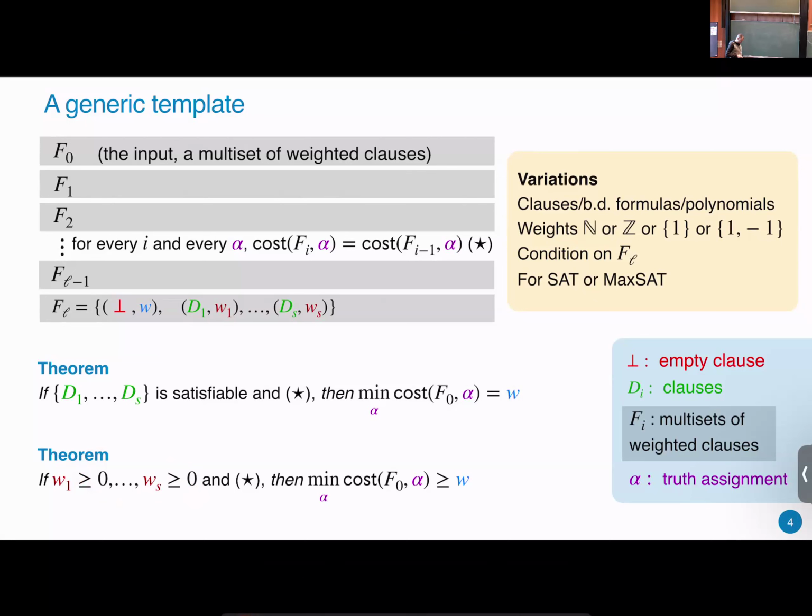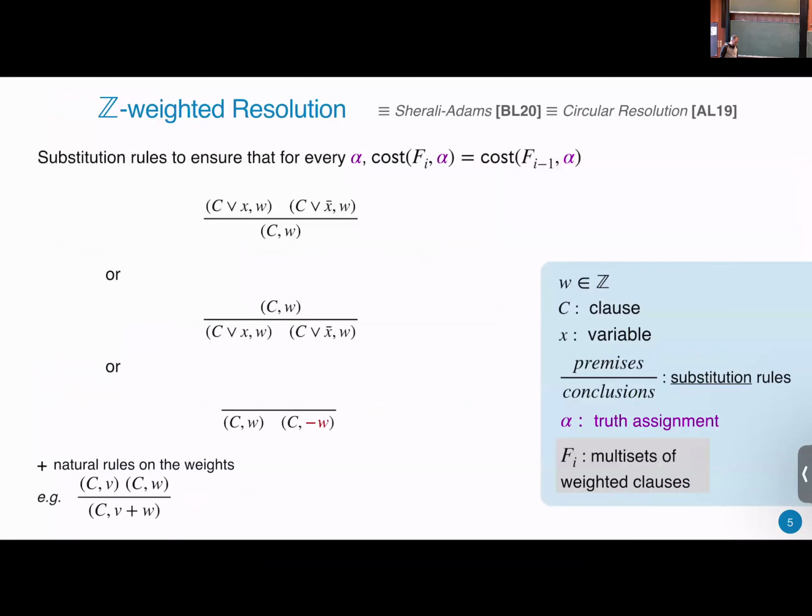Or we can also think of this framework for something other than MaxSAT. So, okay. Just to be a bit more concrete, what are some reasonable rules that we can use? For instance, the rules of weighted resolution. And now this Z depends on where I'm thinking the weights of these clauses to live.